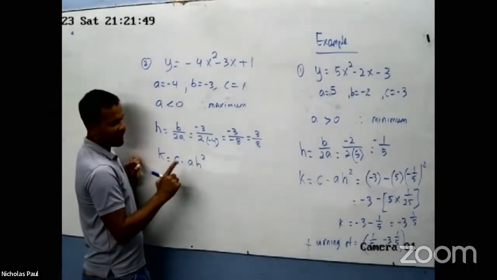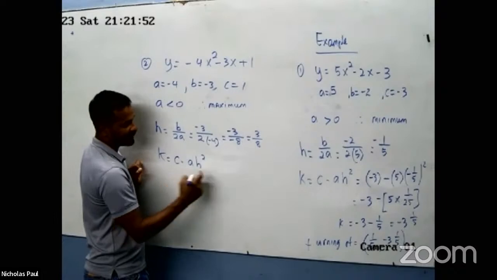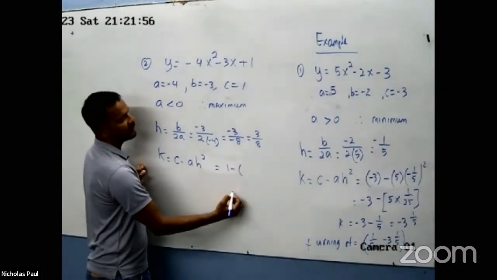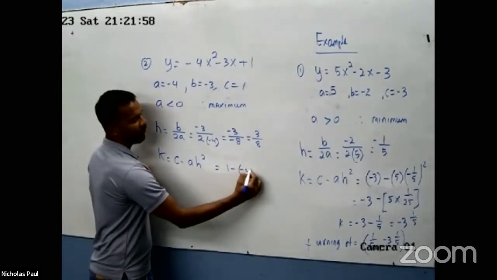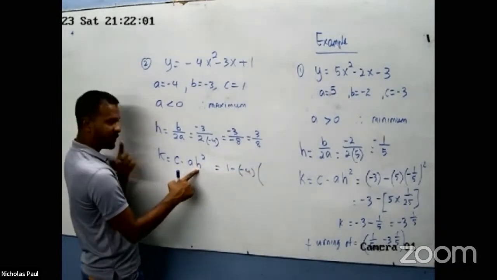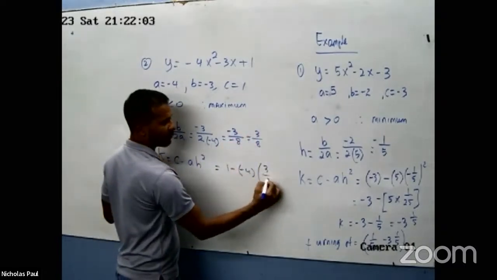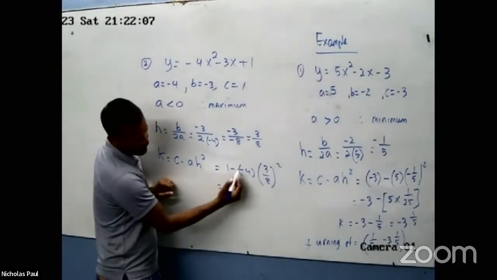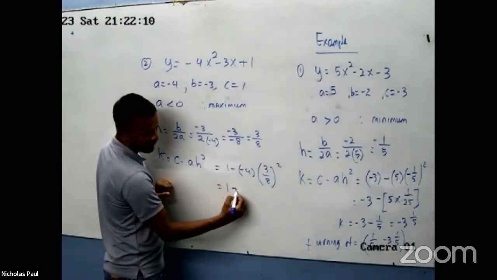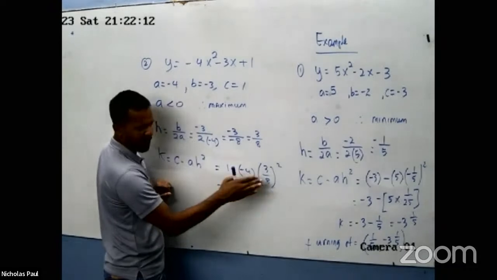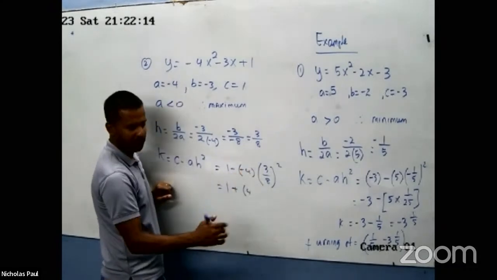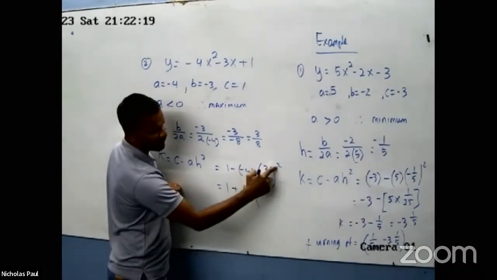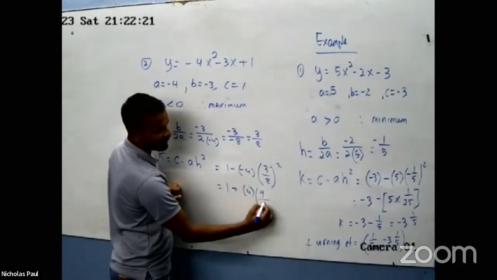And K now, K is C minus AH squared. So be careful here because I gave you a little extra sign here to work with. C is positive 1. A is negative 4. And H is 3/8, H squared. So what's the first thing I'm going to do? Right? There's a minus and a minus, so this becomes plus. Or you can leave the minus sign there, nothing wrong with that. Okay? 4 by 3/8 squared. 3 squared is 9. 8 squared is 64.